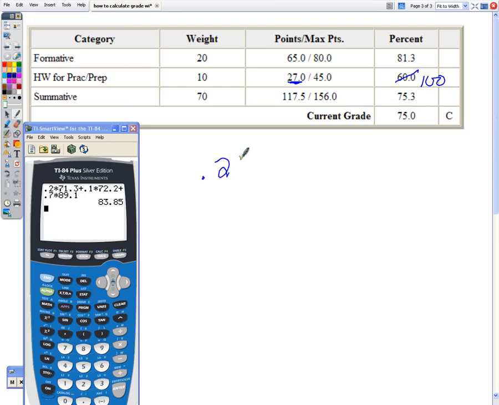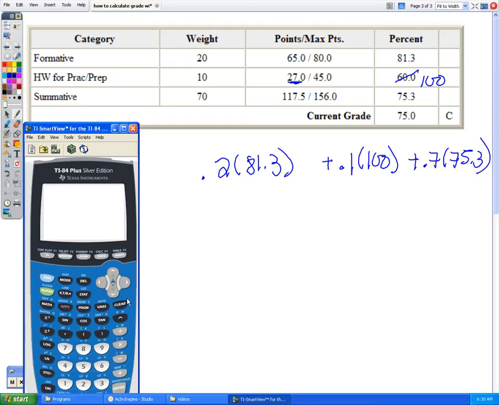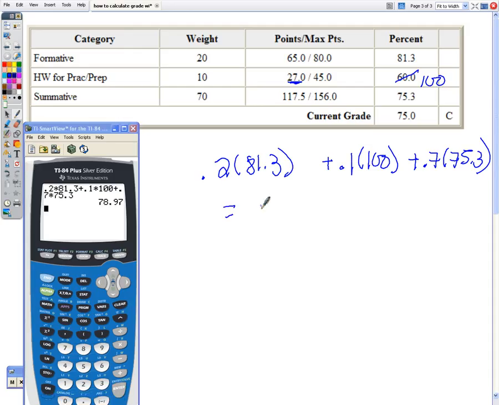So we'll do 0.2 times 81.3 plus 0.1 times 100 plus 0.7 times 75.3. And if the student had done all their homework, their grade would be a 78.97, much closer to a B.